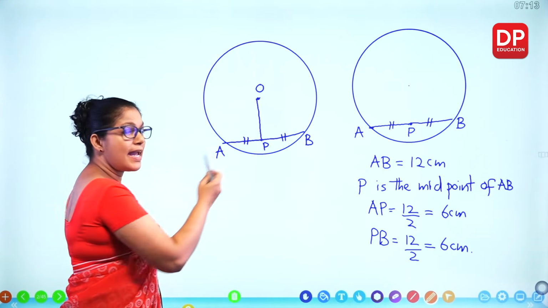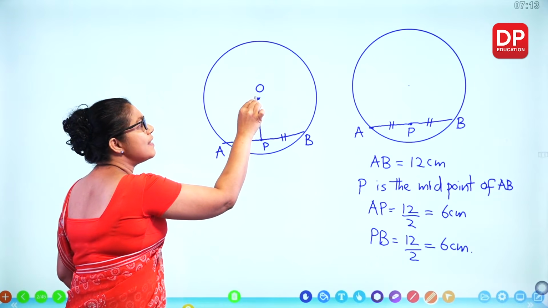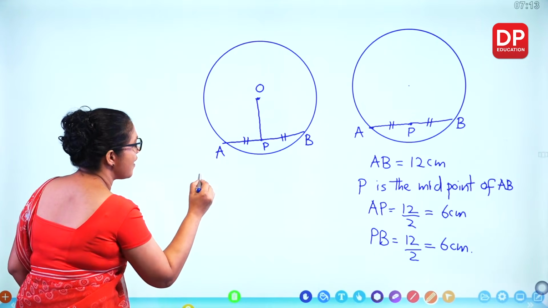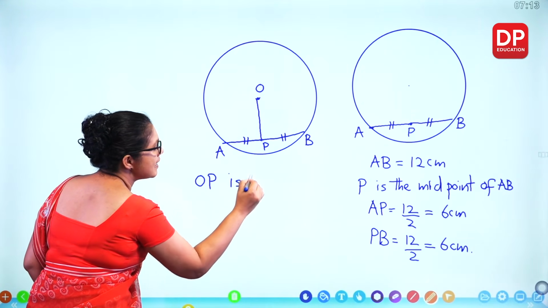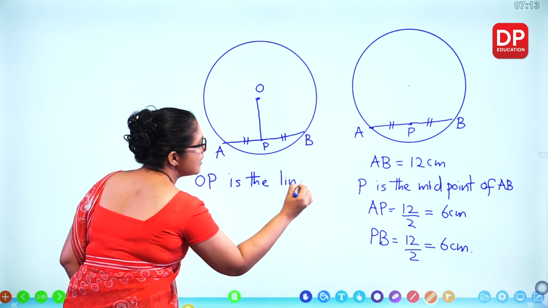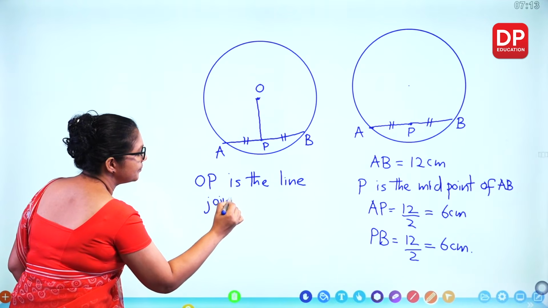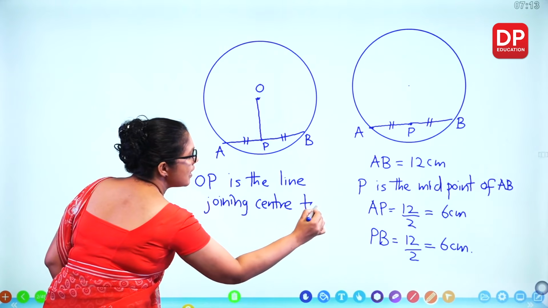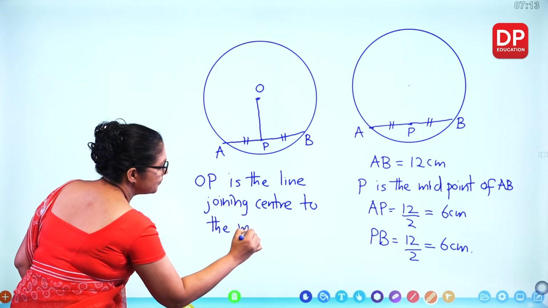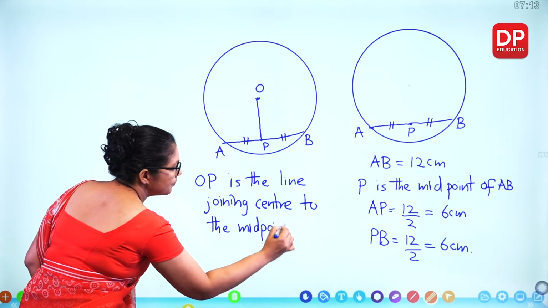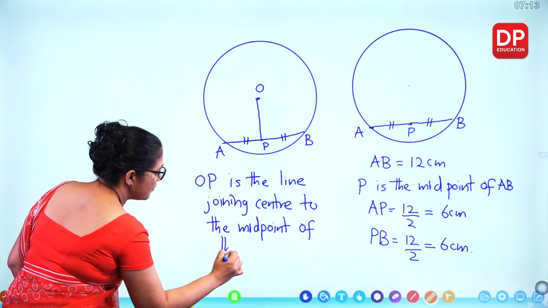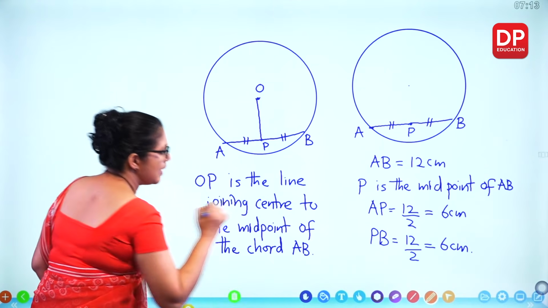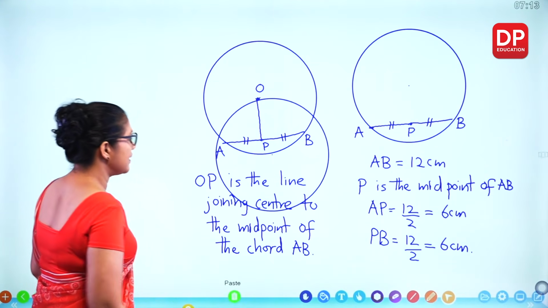This is the line joining the center and the midpoint of the chord. So here we can write: OP is the line joining the center to the midpoint of the chord AB.